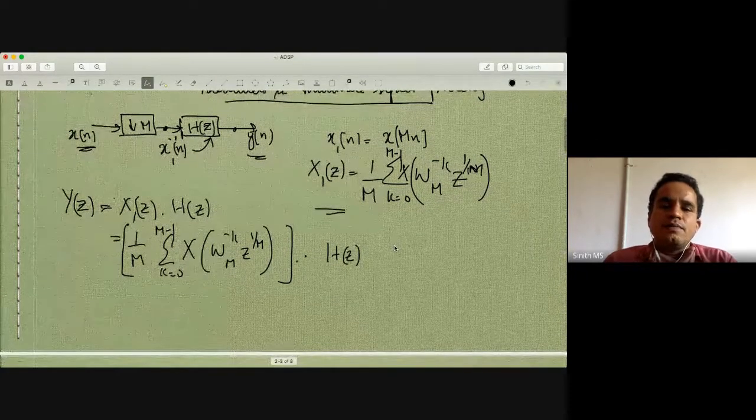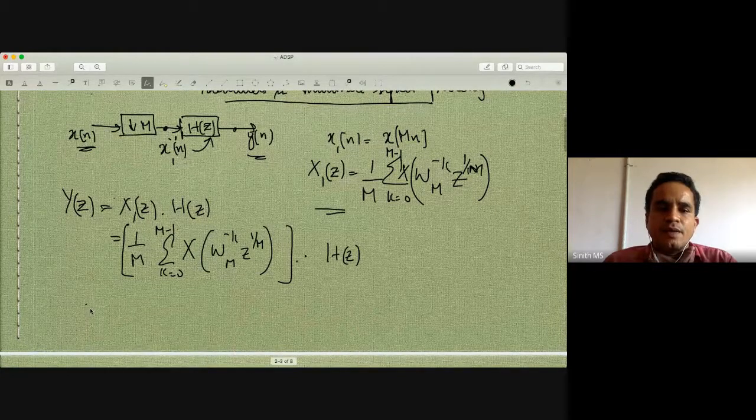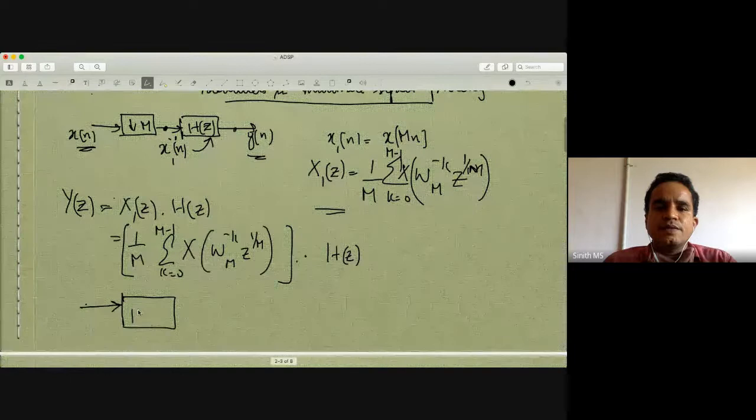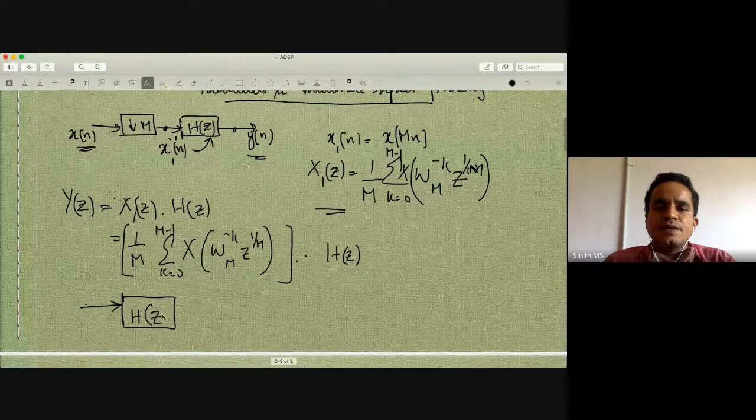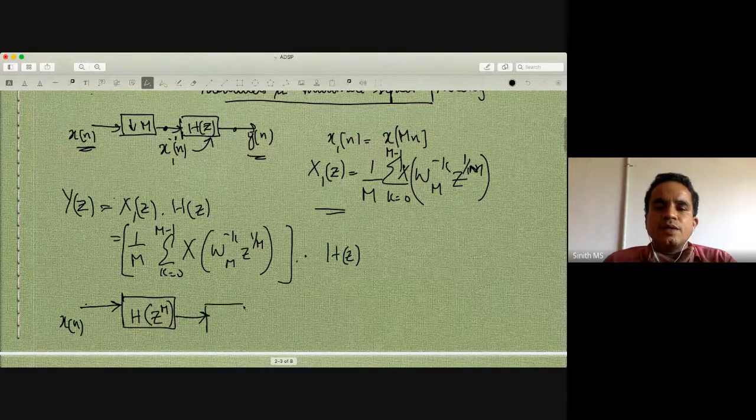Now let us see a case in which you have H(z raised to m) here, with x(n) as input, then you pass it through H(z), then you take y of n.